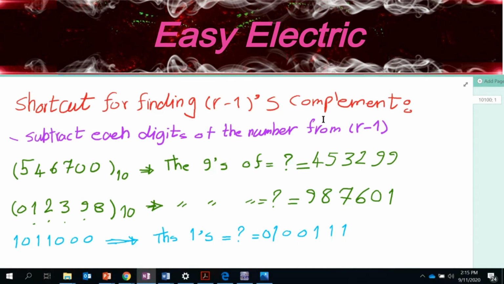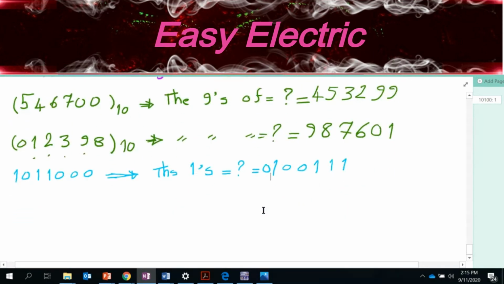Let me give you one example. Again, that is on page 13. We have one example on that page, which I'm writing here for you. You have this number, 135, in base 10.